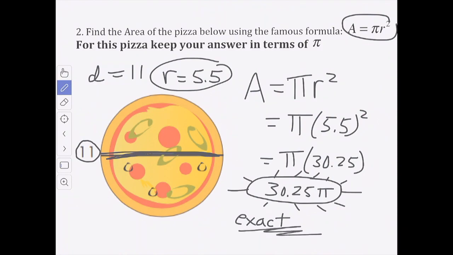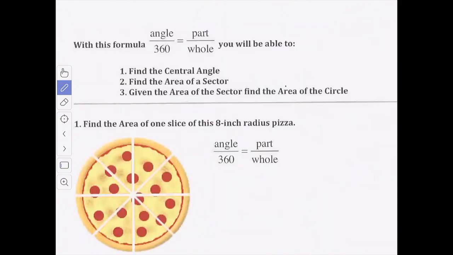Let's go to the next page and take a look at sectors. A sector is a piece of, in this case, a piece of pizza. A sector is a wedge or a slice of pizza. And we're going to be using this formula this week to figure out information about circles and sectors.